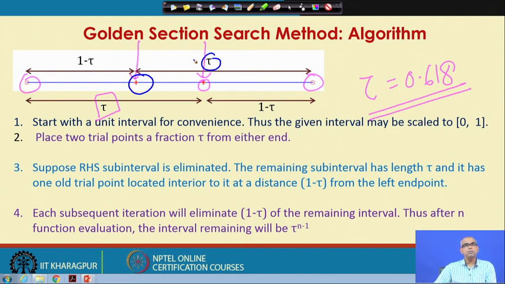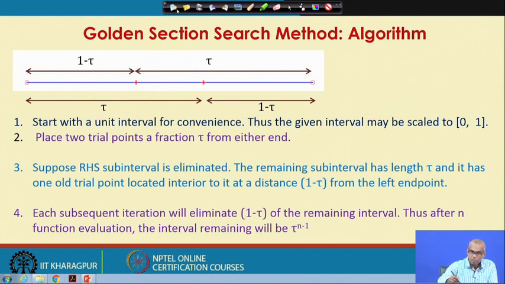Now, evaluate the functions at these two trial points. Let us suppose that the right hand side subinterval is eliminated. Let us say this subinterval is eliminated. The remaining subinterval has length tau and it has one old trial point located interior to it at a distance 1 minus tau from the left end point.